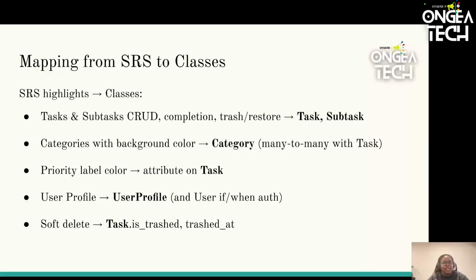Maybe at the beginning, instead of saying a category, you need to say many categories. So we're looking at many from both ends. Many categories can be assigned to many tasks.